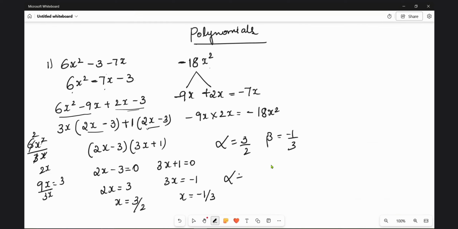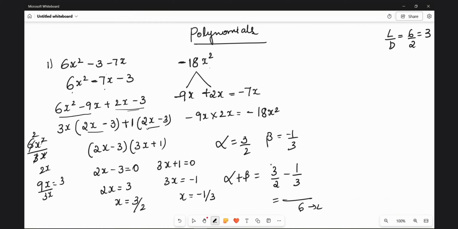Now alpha plus beta will be equal to 3 by 2 minus 1 by 3. Now we have to take the LCM. Listen once here. LCM will be what? 3 into 2, it is 6. Next LCM by the denominator, that is 6 by 2, it will be equal to 3.